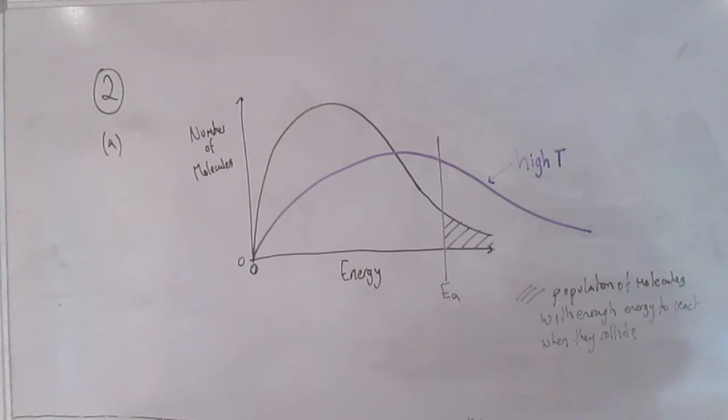So this will be the population of molecules with enough energy to react when they collide at low temperature.